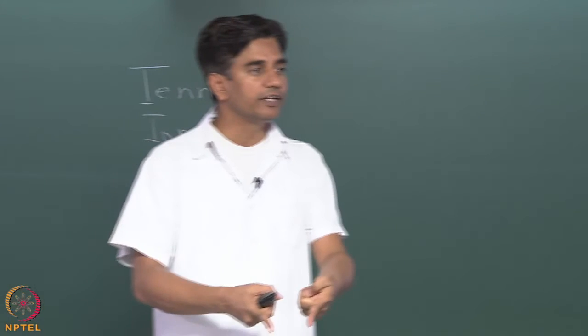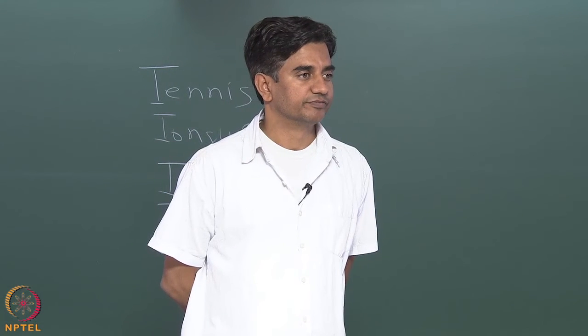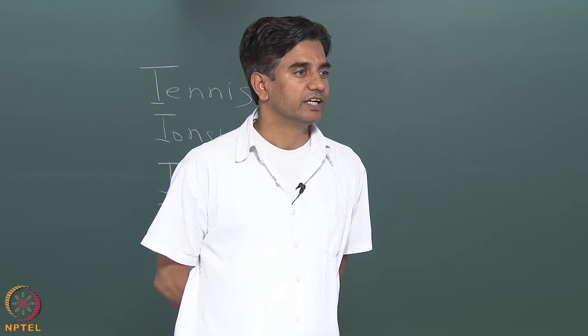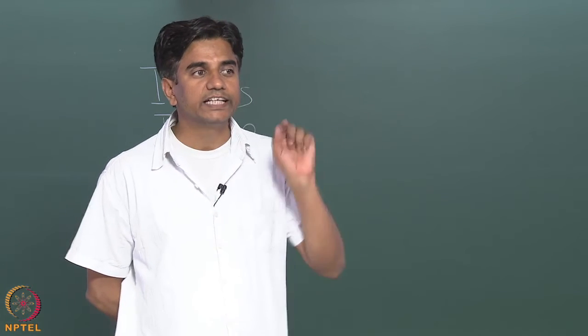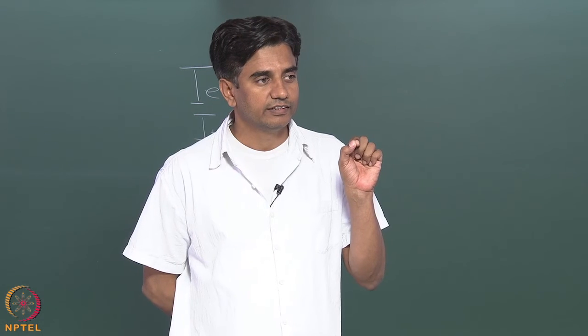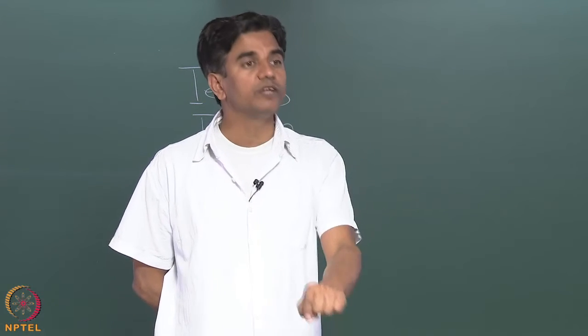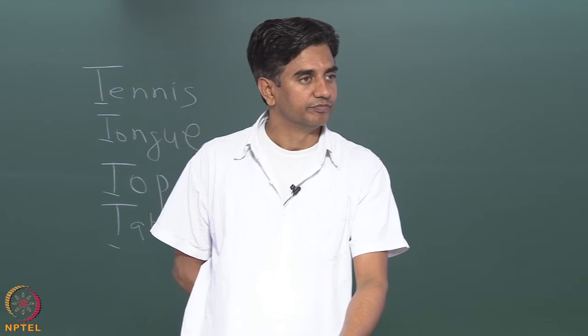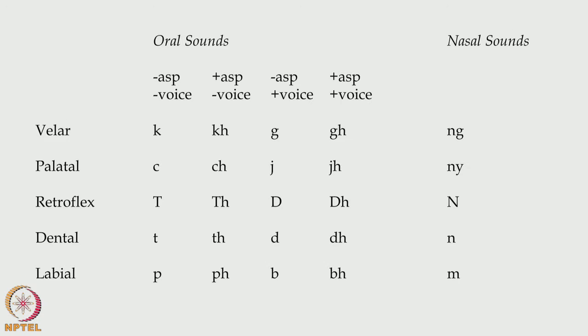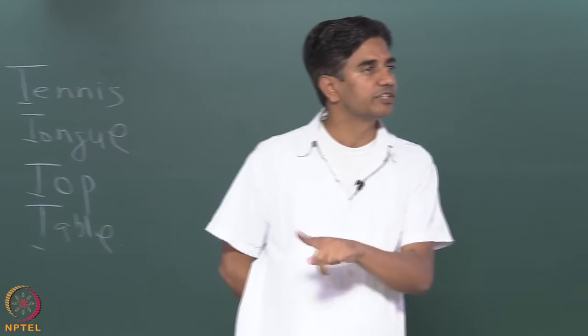One of that comes from the binary features of natural language. How does a sound in natural language get uniqueness? It gets uniqueness only when you look at its binary classification. If we are talking about only aspiration or only voicing, we are not giving each sound distinctive features.